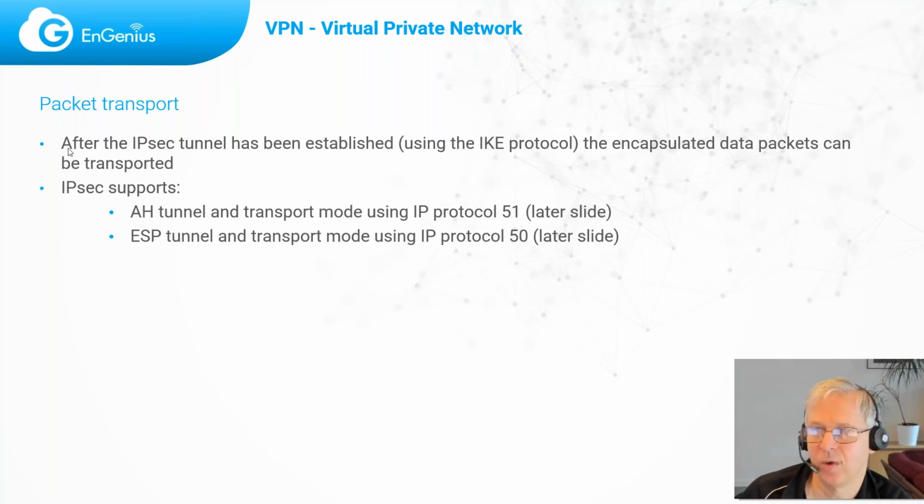So with IPsec, we have two types of things we support: authentication header, both tunnel and transport mode. And authentication header is protocol 51. So this is a protocol like ICMP is a protocol, UDP is a protocol, and TCP is a protocol.